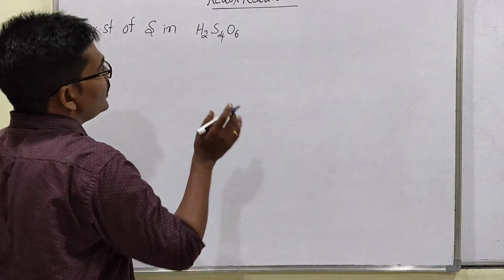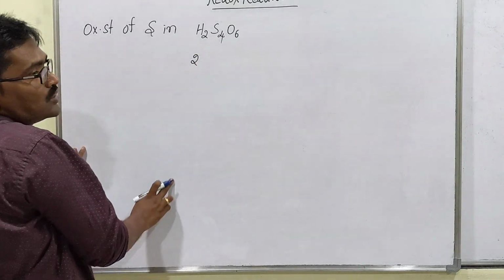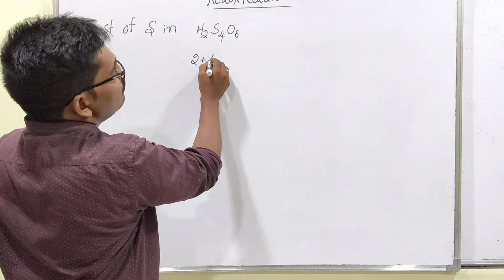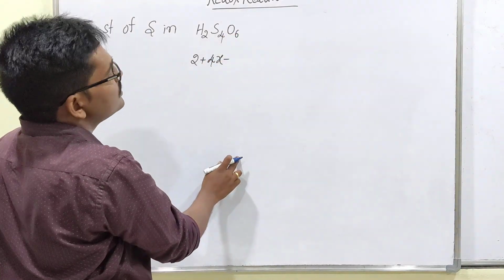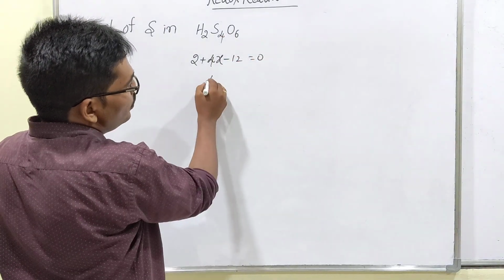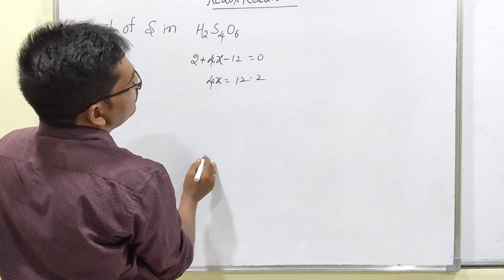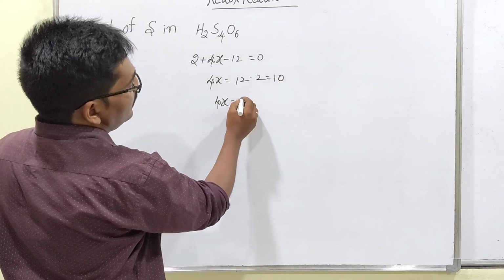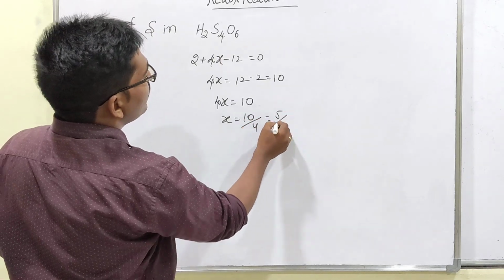Look, my dear students, according to the formula, 2 hydrogens, so plus 1 into 2, plus 4x, then minus 2 for each oxygen, so 2 into 6, 12, equals 0. 4x equals 12 minus 2, then you get 10. Then 4x equals 10, then x equals 10 by 4, that is 5 by 2.